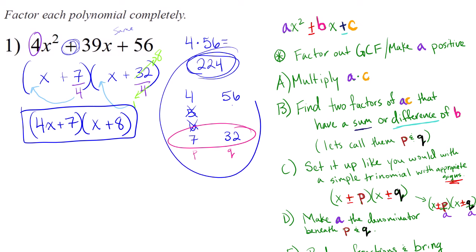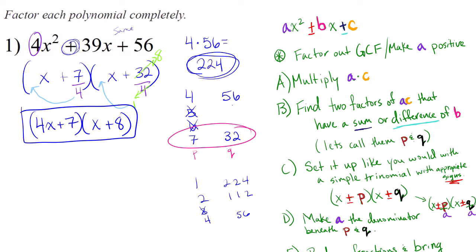Now, back to this just for a second. Remember that if this didn't make sense starting in the middle here with 4 and 56, you can make your whole list, right? 1 and 224, 2 and 112, 3 doesn't go in, 4 and 56, right? And then you can keep going from there. Once you get to a set that works, then you can stop, right?